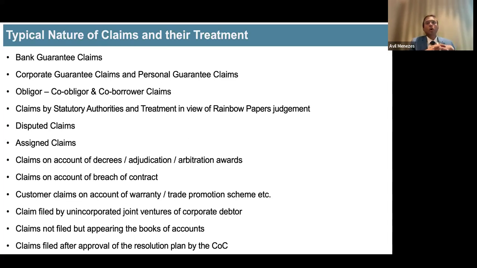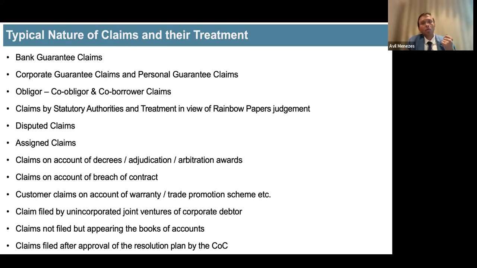Similar are co-obligor and co-borrower claims. I think one of the participants did raise a question: the company has taken the money and the directors have only given their personal property, and no other assets of the company have been charged. There are similar cases where the director has taken a loan for his own personal property and the company is a co-borrower, co-applicant. You would have heard these terms.